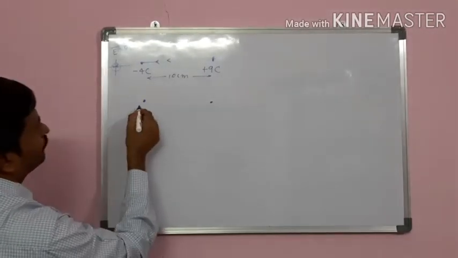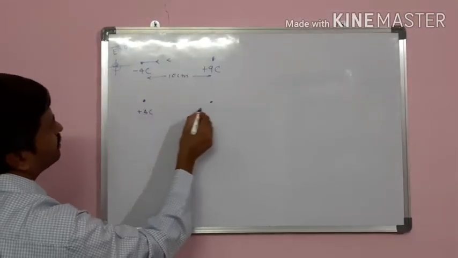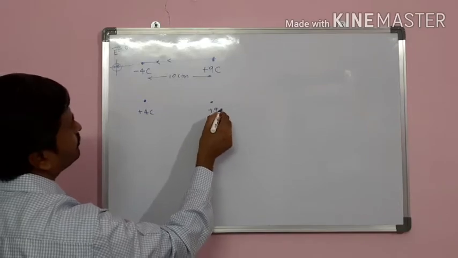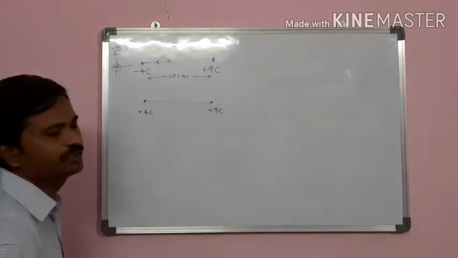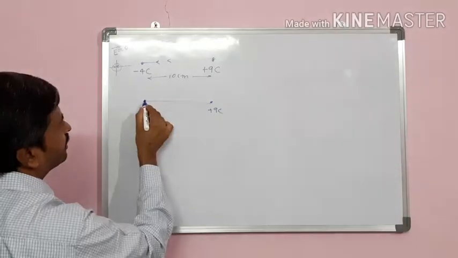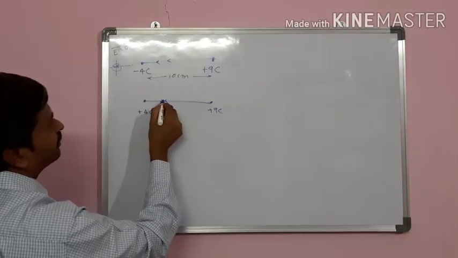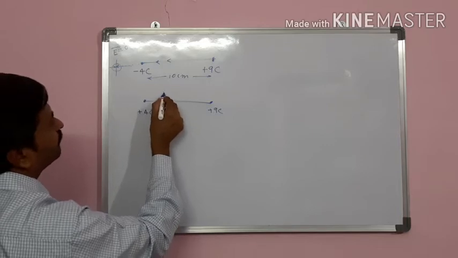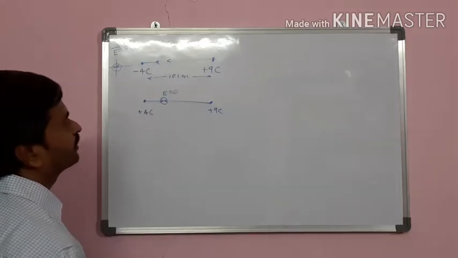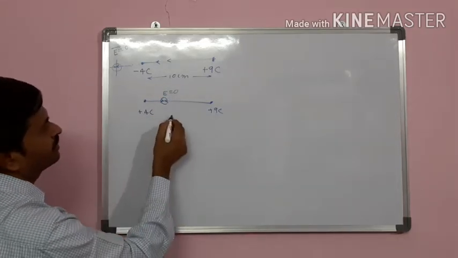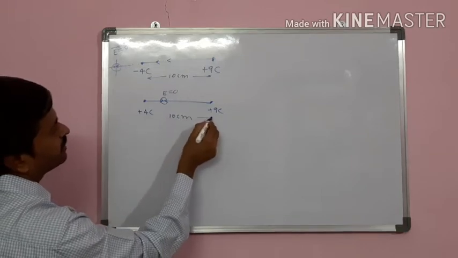Right. Now, if this is plus 4 coulombs and this is plus 9 coulombs, both are positive, then where should be the null point? See, this is here and this is here. Somewhere here you will get the null point where the field becomes 0. Both are equal and opposite. So here also 10 centimeters let us take.